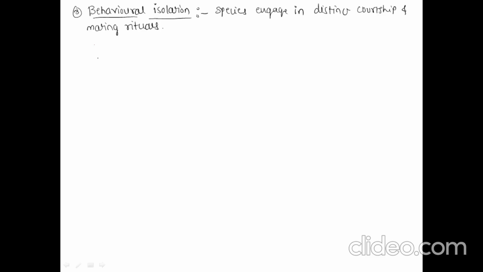Here, behavioral isolation is having different courtship behavior.